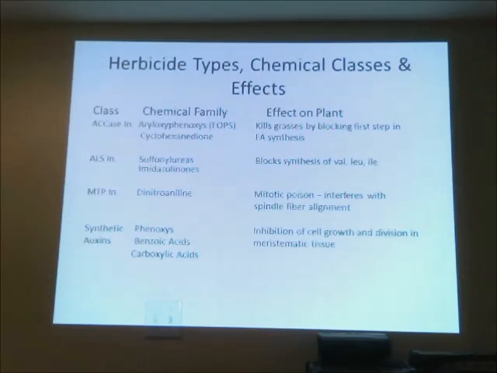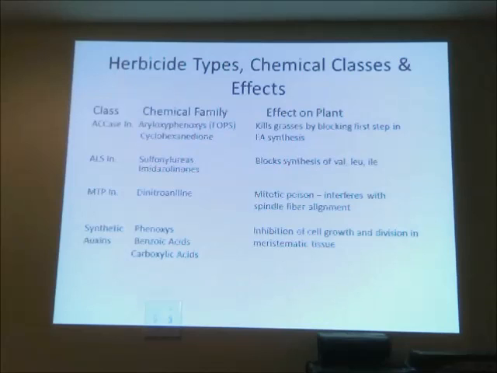So these are all different kinds of ways of classifying things, but what I've done here is I've classified them, and there's probably maybe a dozen or so of these classes that I'm showing here, by their mode of action. That is, how do they work? What do they actually do? And you could also classify them by chemical family. It turns out that certain families, certain kinds of structures, are very specific for certain kinds of activity.